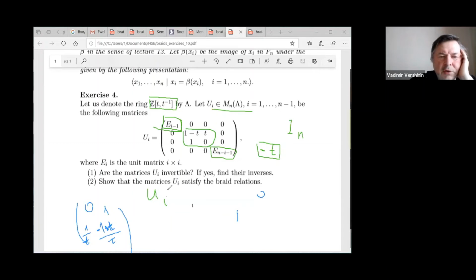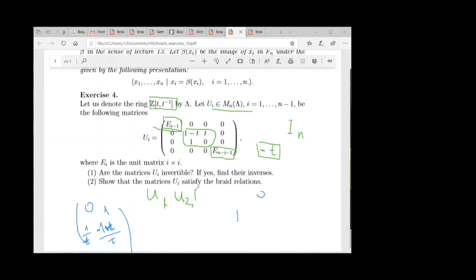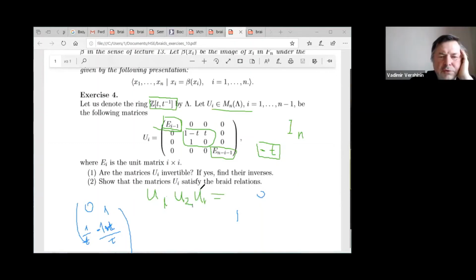So say U1, U2, U1 is equal to U2, U1, U2. So make this calculation.